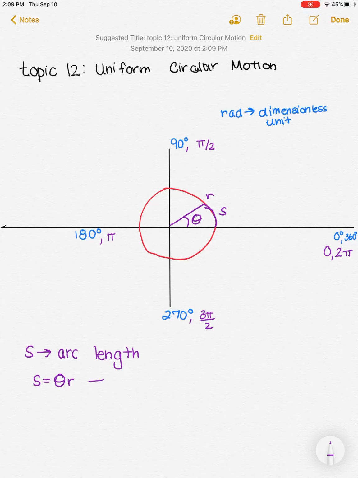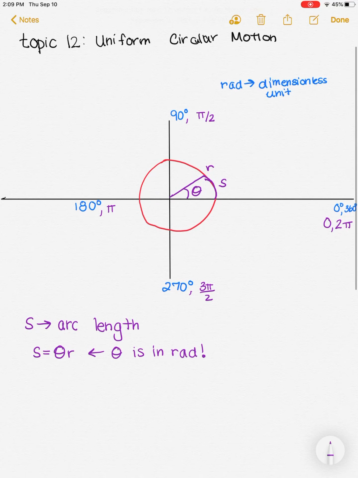And the equation in order to calculate it is s equals theta times r. But in order to do this, theta is in radians. This doesn't work if theta is in degrees, because then we have degree meters, and degrees is a unit. Meanwhile, if we were to multiply radians by meters, we are still left with meters.